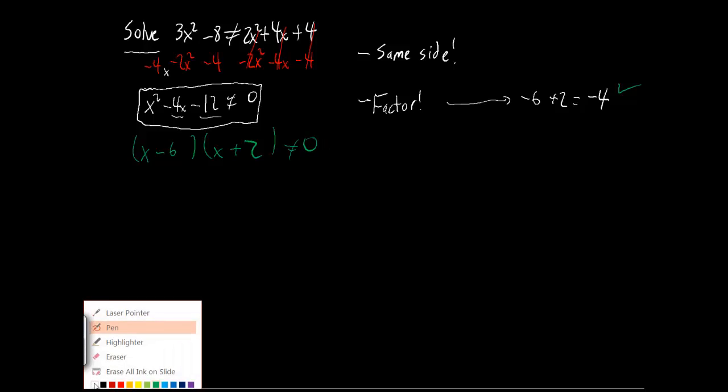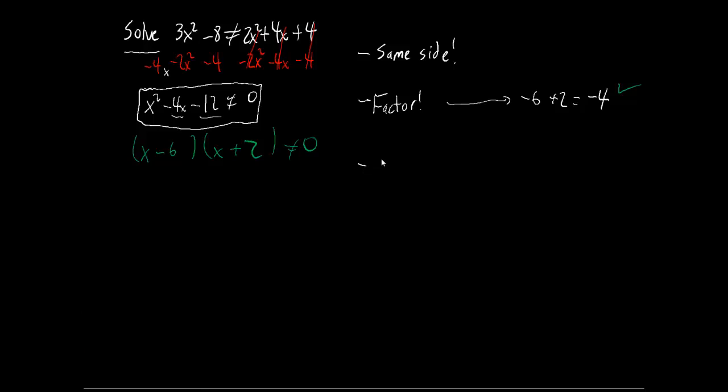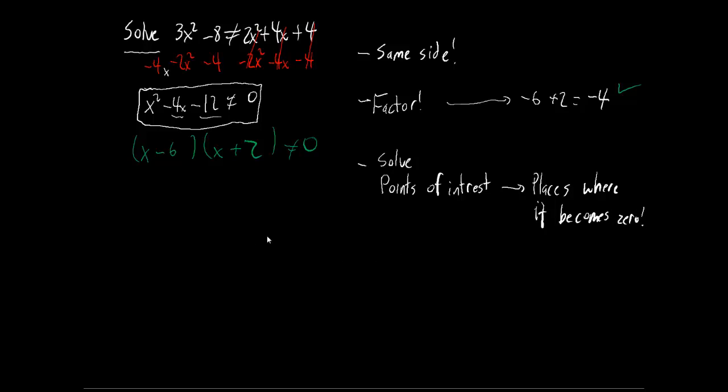Alright, now that we have it factored, let's try to solve this and get what I'm going to call our points of interest. And by points of interest, I mean the places where the inequality becomes 0. That's going to make it a lot easier to solve this inequality if we know where it's 0.